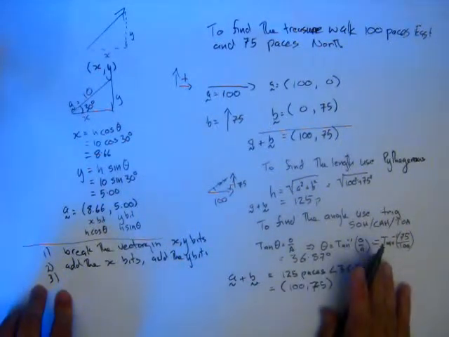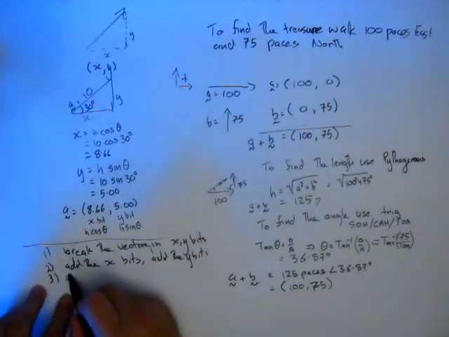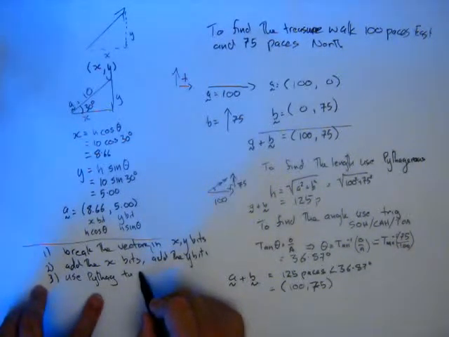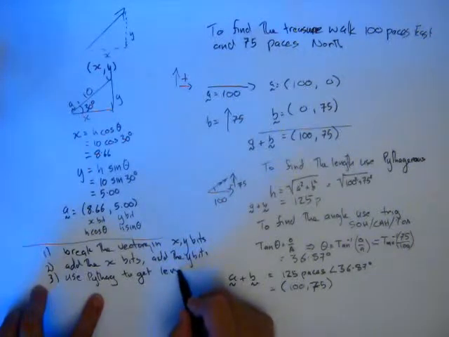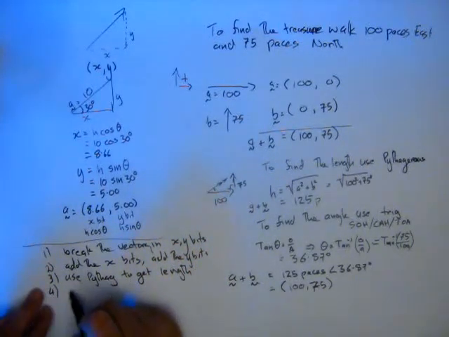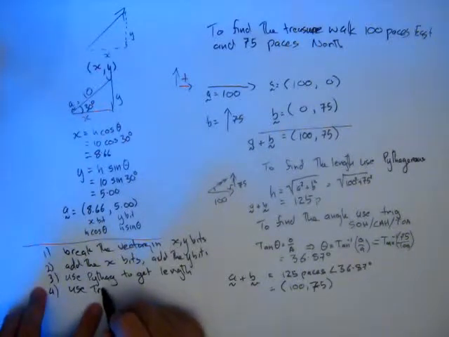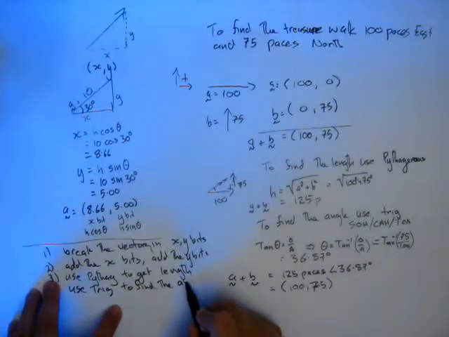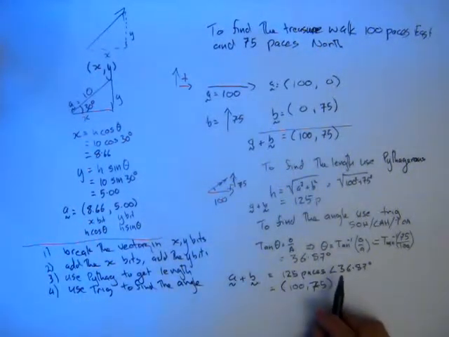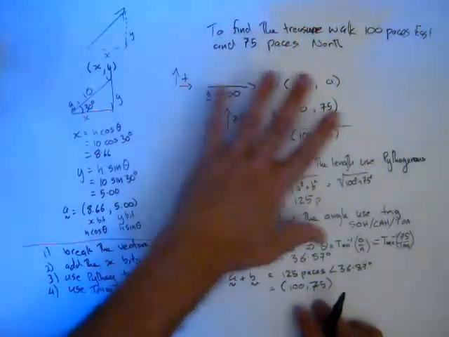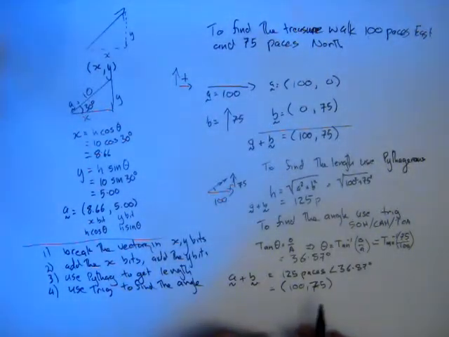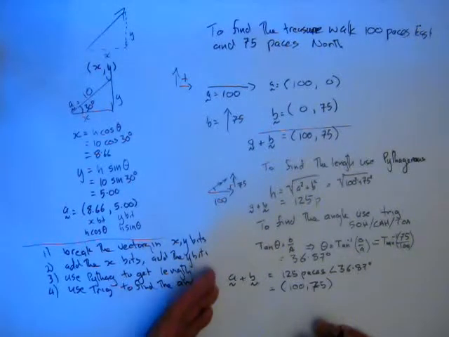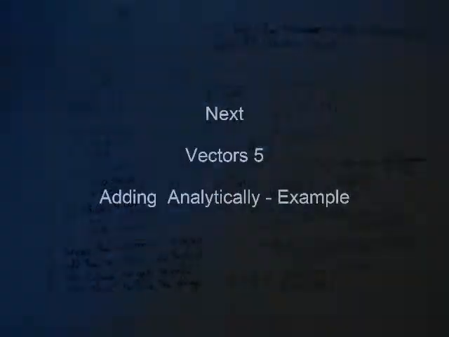Then use Pythag to find the length. Use trig to find the angle. And you may think this is a rather complex way of going around things, but especially when we get into much more complicated vectors, three-dimensional or four-dimensional vectors, this actually does turn out to be a much easier method.